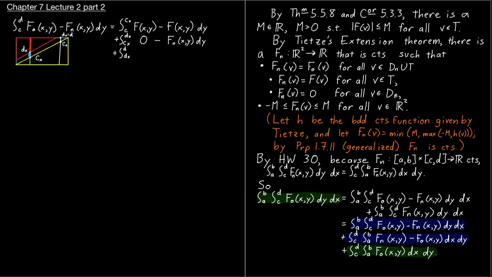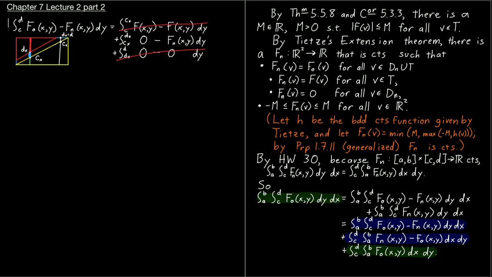Both of our functions are 0. F naught is 0 because we're outside the bottom triangle. Fn is 0 because we want fn to be 0 on the top triangle. So the first and last integrals are going to cancel out, because you're integrating 0 in both cases.